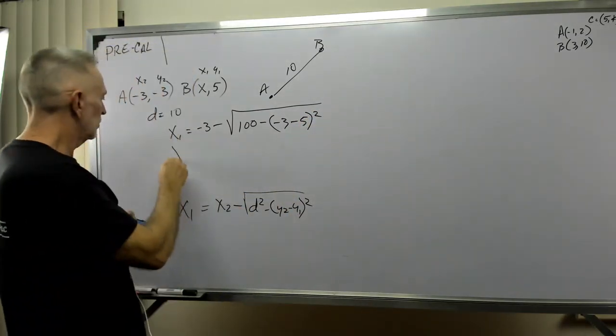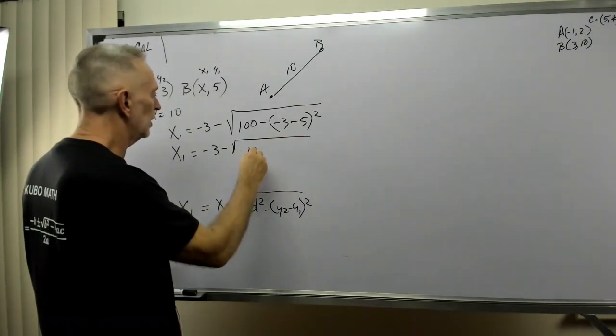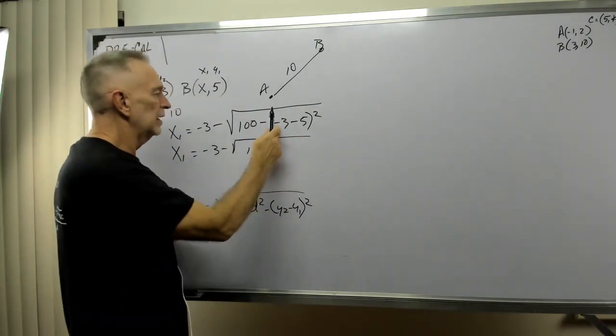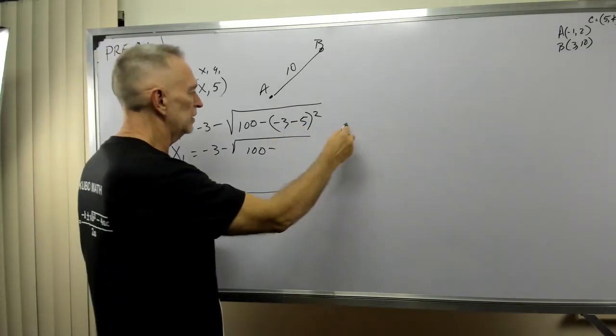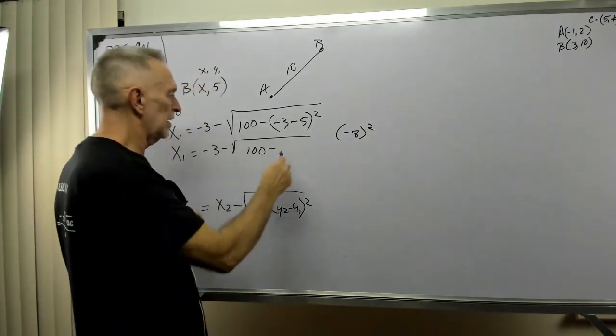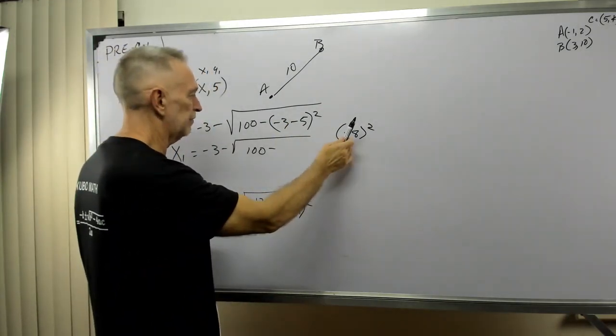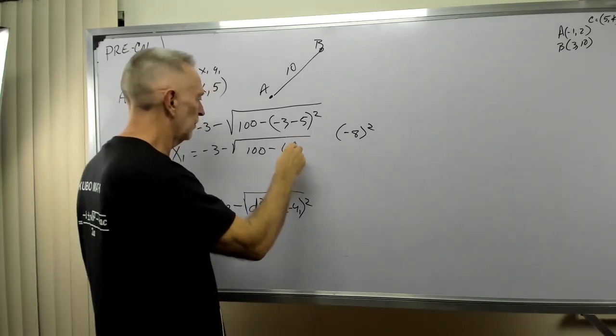So x sub 1 equals -3 minus the square root of 100 minus, okay, -3 minus a positive is plus a negative, so that is -8 squared. -8 squared is a positive 64. So it's minus a positive 64.